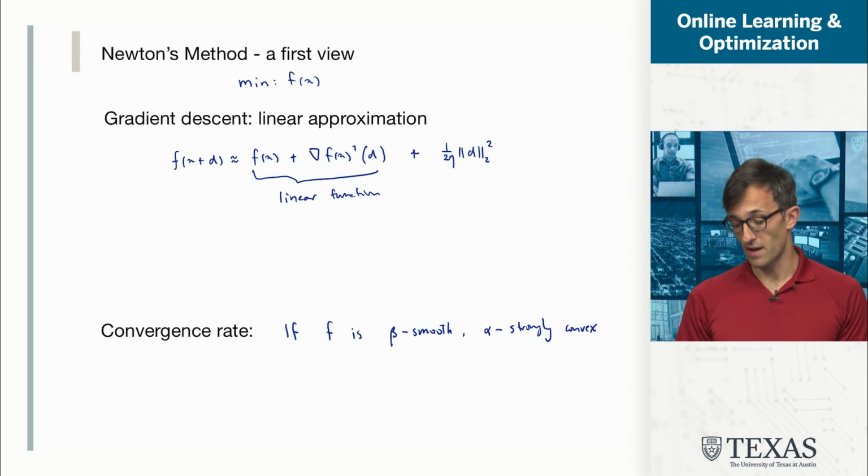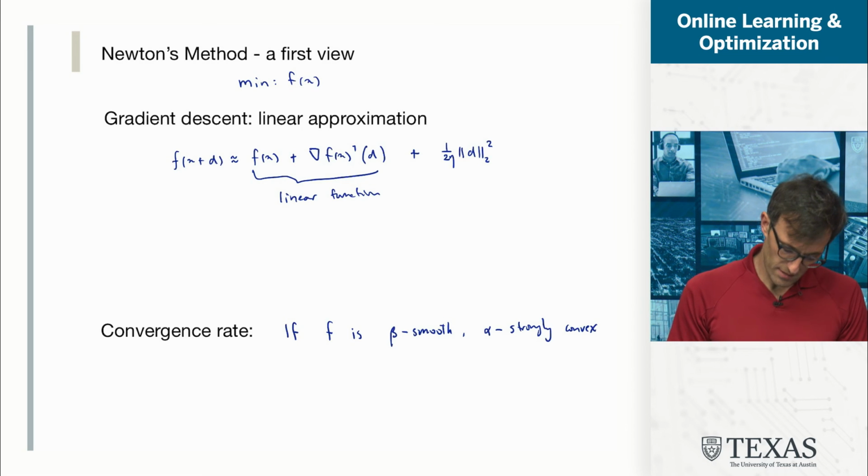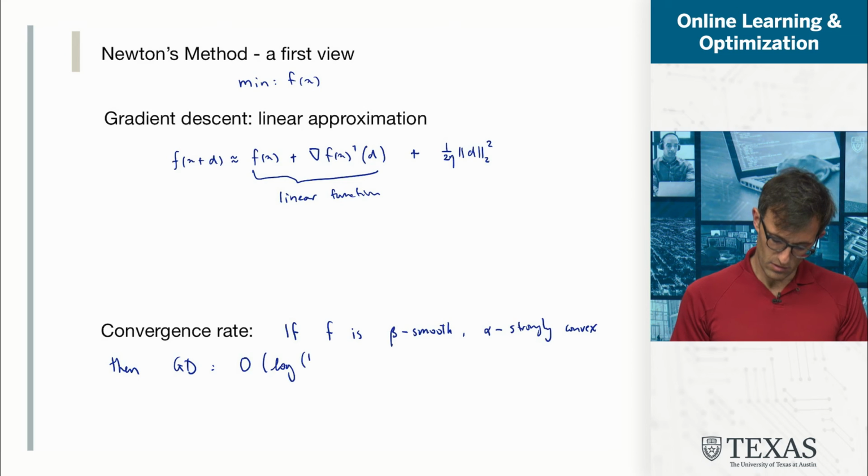And as we've shown many times, beta smooth is equivalent to having a quadratic upper bound. Then gradient descent has convergence order log 1 over epsilon.